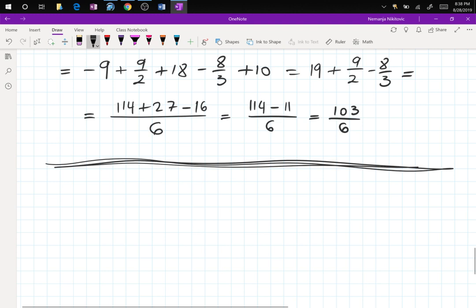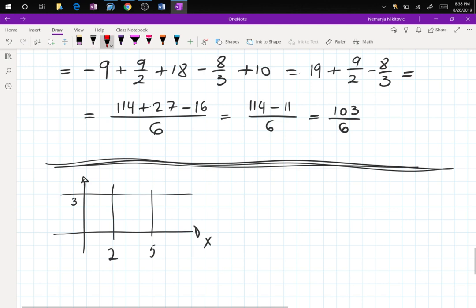Let's say you have a linear line at 3, and you want to know the area from 2 to 5. So what's the area from 2 to 5? 9. Why? Because you know that the height is 3, and then the width is 3, and 3 times 3 equals 9.